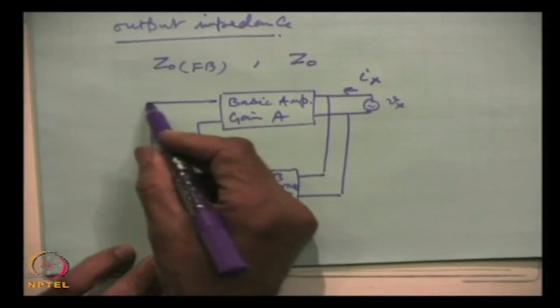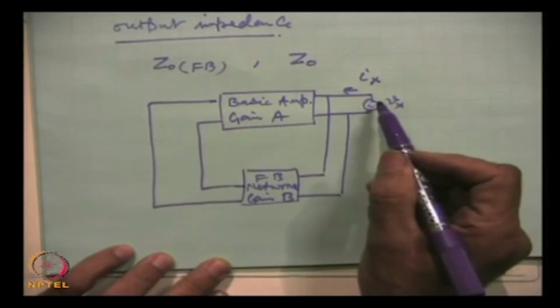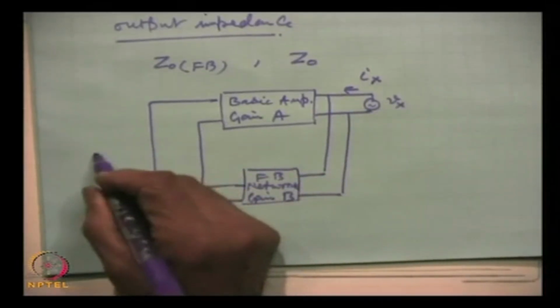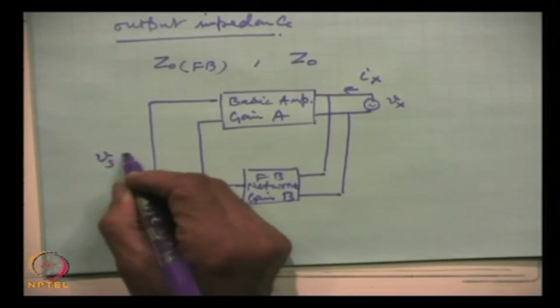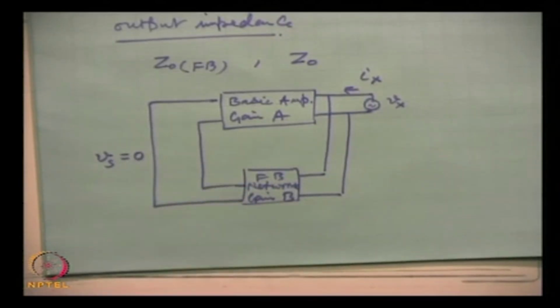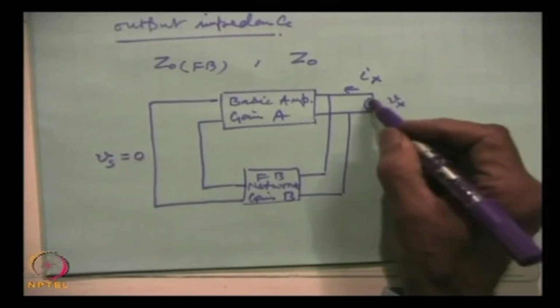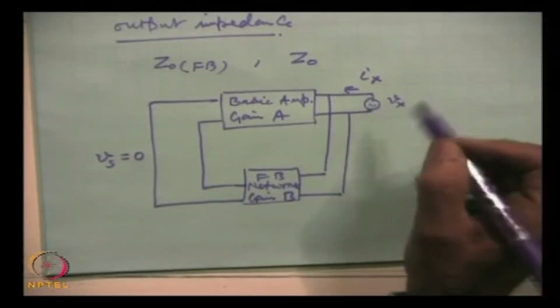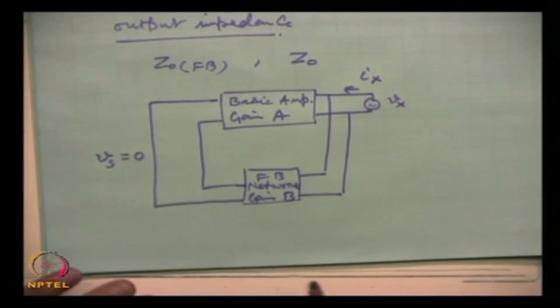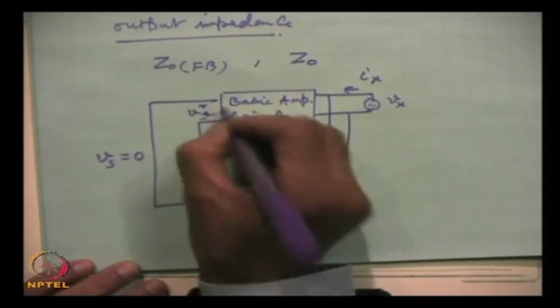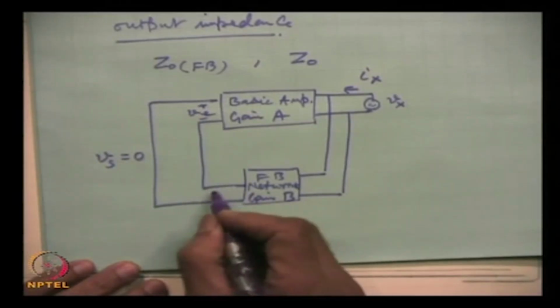And remember, when we are talking of output impedance, then the input signal Vs is to be set to 0, and a test signal is connected at the output. And here this is Ve.